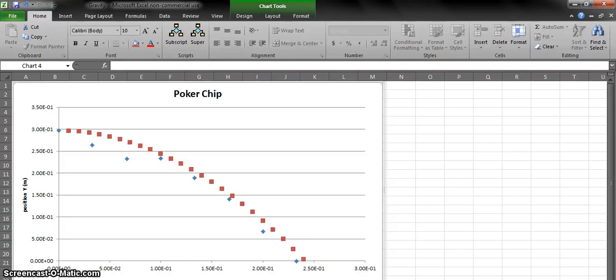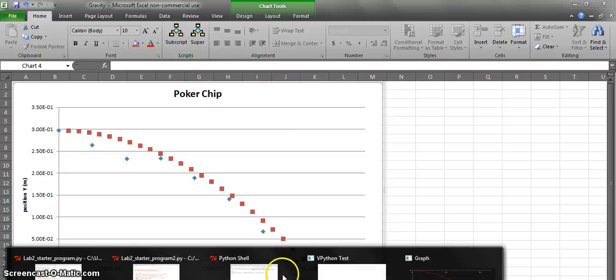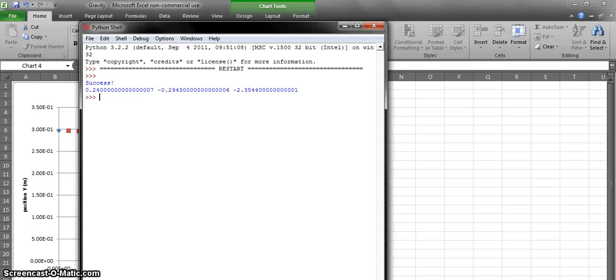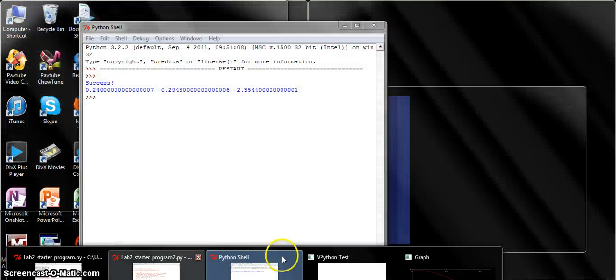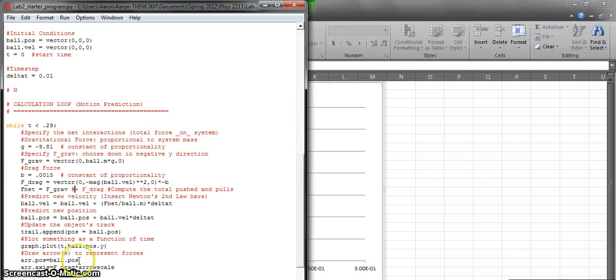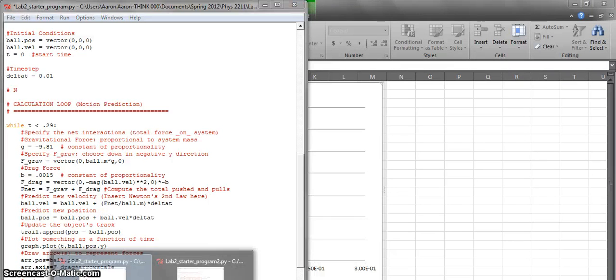The process for the theoretical data was run again in these two Python programs, except this time we included the drag force and added it to the F net and calculated, or guessed rather, the constant of drag force until we found similar results to the experimental data.